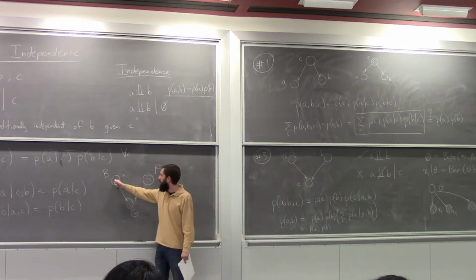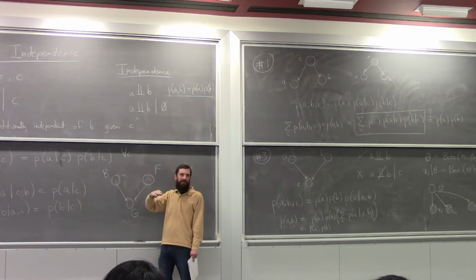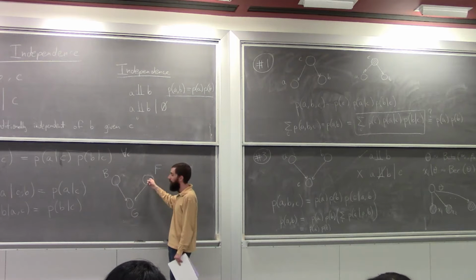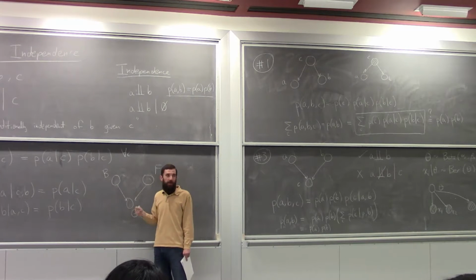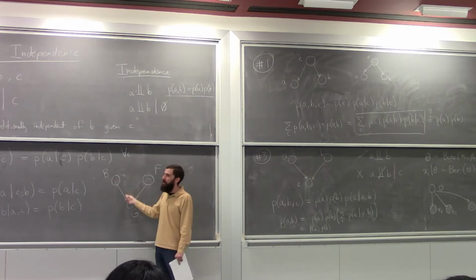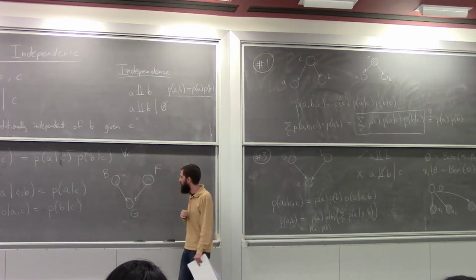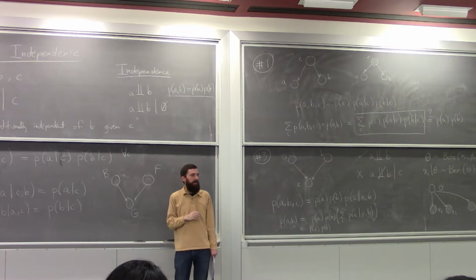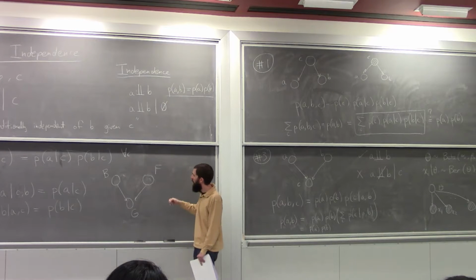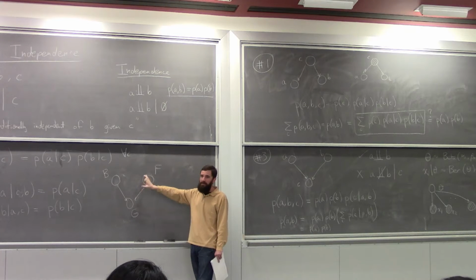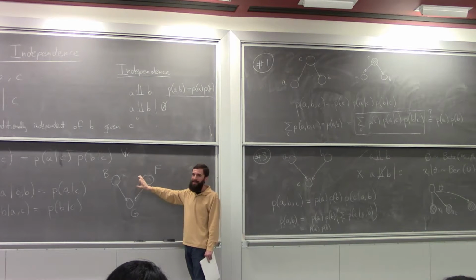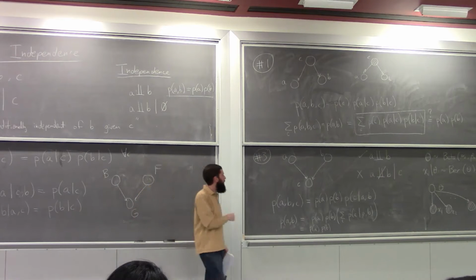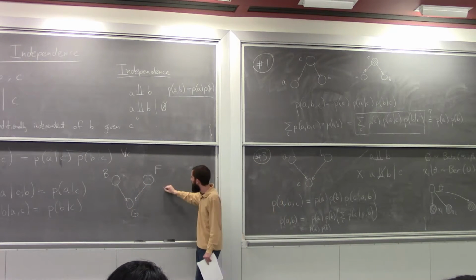If your battery goes dead, the fuel gauge will go down to empty just because it needs electricity to read the right fuel level. And if your fuel goes empty, of course, your fuel gauge will also go down to zero. Either one can cause your fuel gauge to go to zero. Exactly, same situation as with rain, the sprinklers and the grass. So make sure you go through this and think about it carefully, because it's going to come up. This is called, by the way, a V structure.